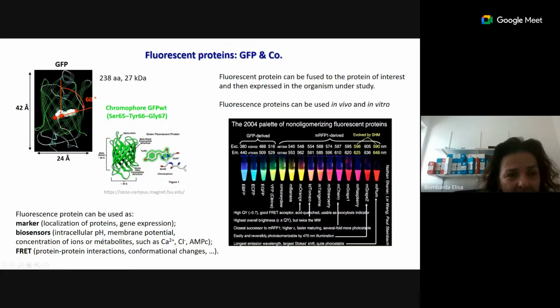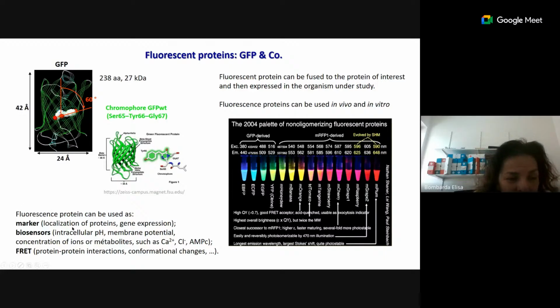It has a natural fluorophore due to the interaction of three amino acids inside, and it is used as a marker, so it's used as an extrinsic fluorophore.